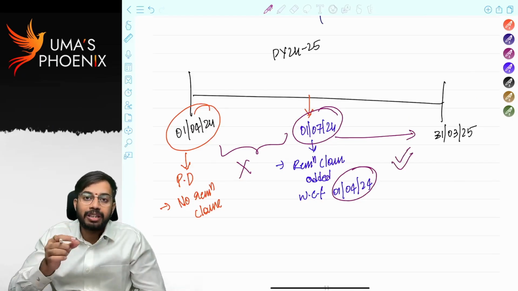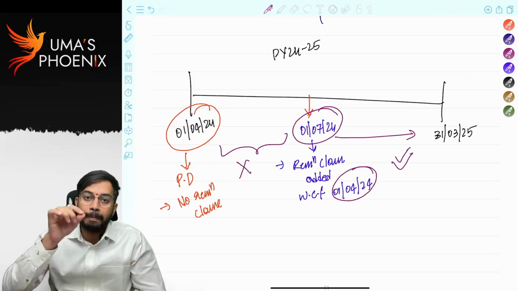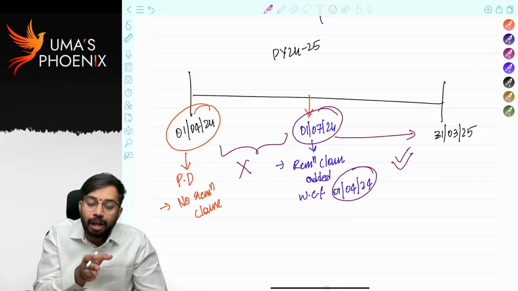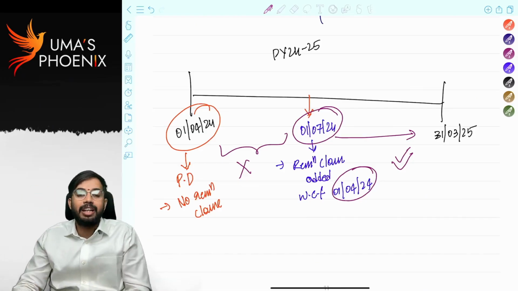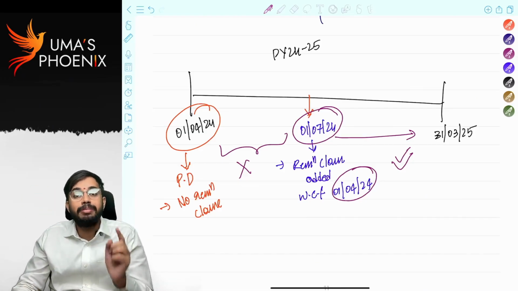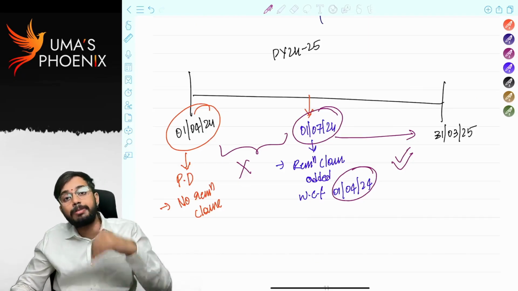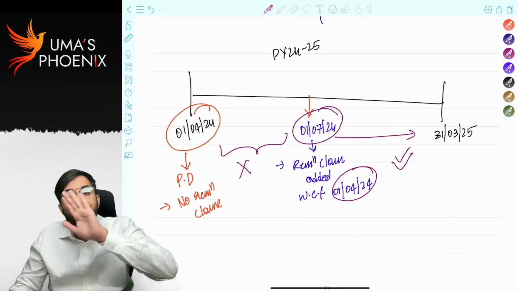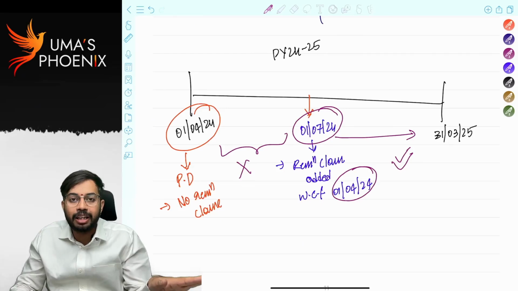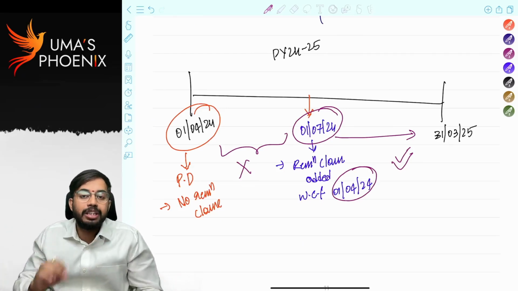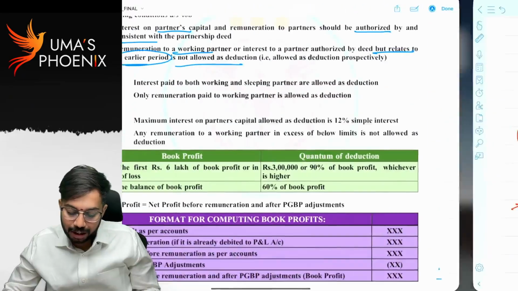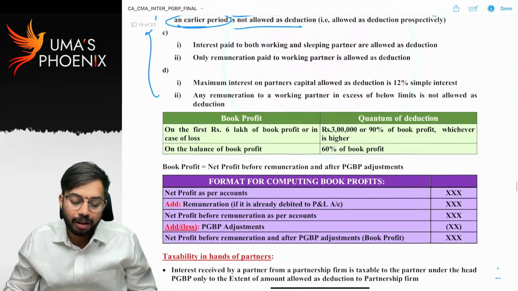From that date onwards, only that remuneration is allowed. Even though the deed authorizes retrospective payment, it is not allowed. Is it clear? Good. Next.